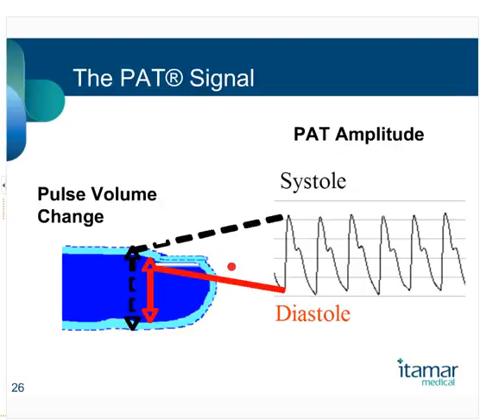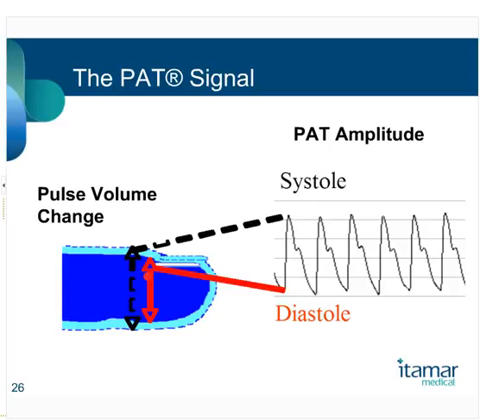PAT amplitude is simply the difference between the activation during systole and diastole. With each cardiac cycle, there's a pulse volume change, and the fingertip dilates and contracts with the cardiac cycle.